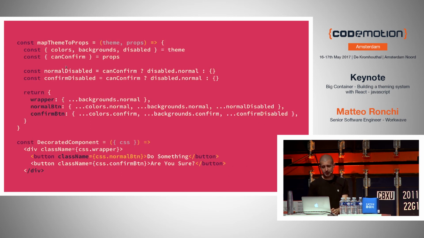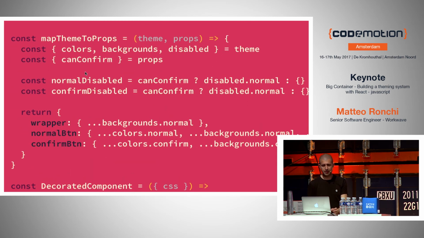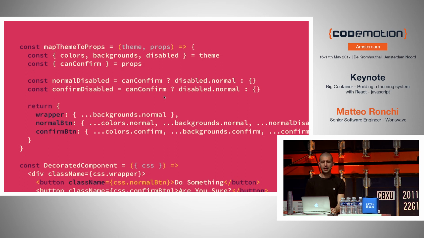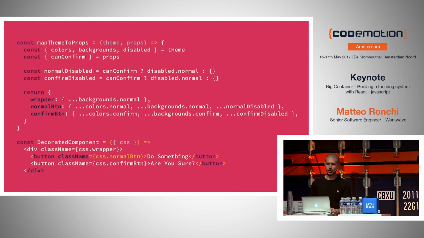This is the same example, but using prop. Let me zoom it a little. It became a little more verbose, but we can react to props. And so we can choose, for example, if we are in a disabled state or an enabled one, and react properly, applying or removing certain CSS rules we define.